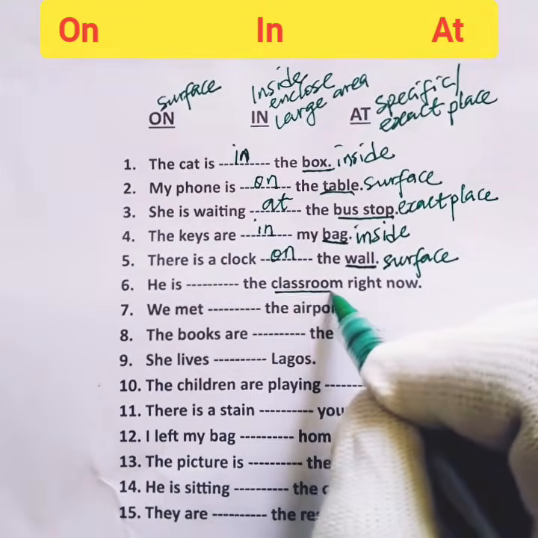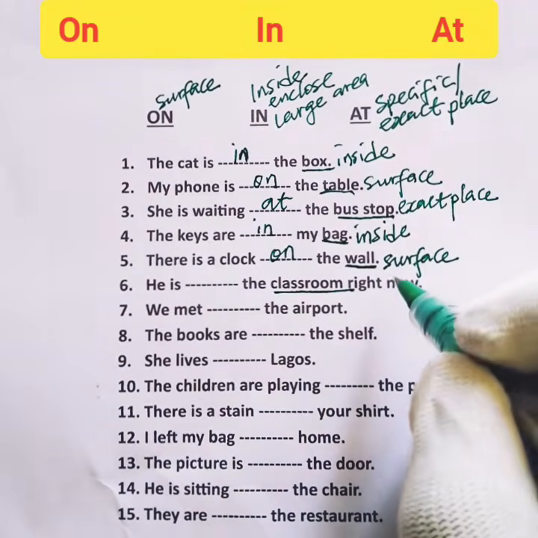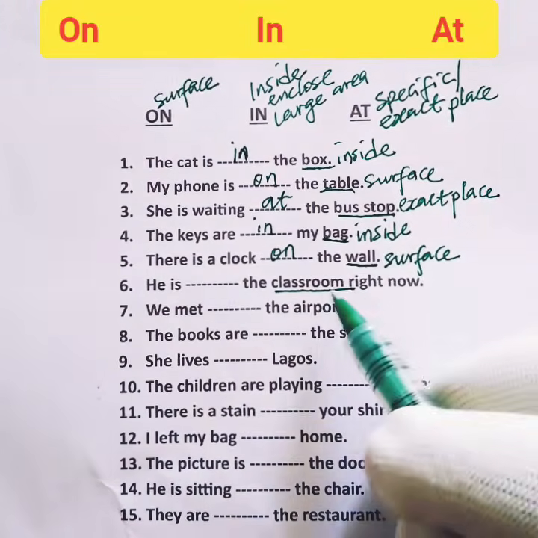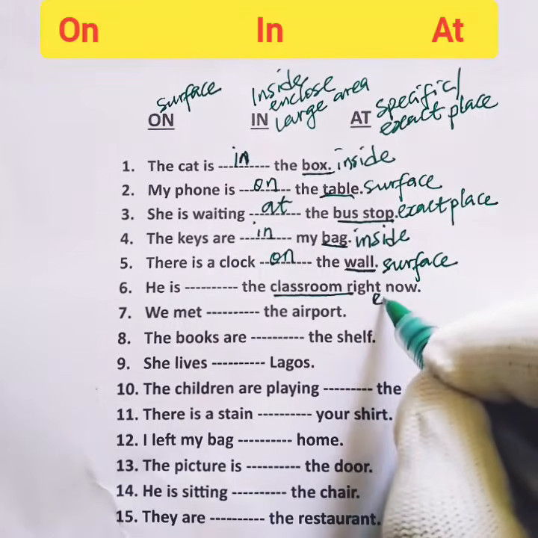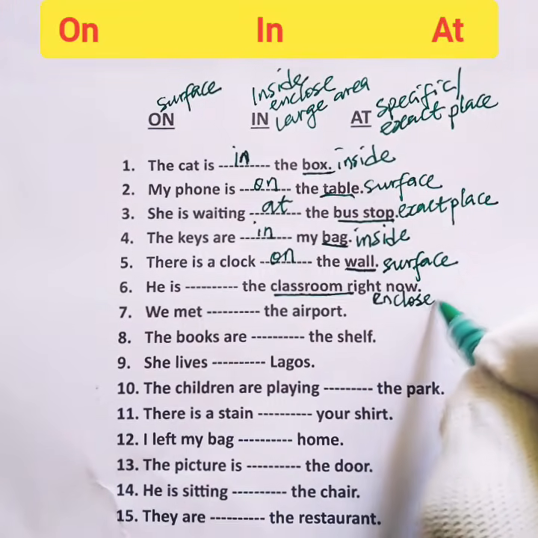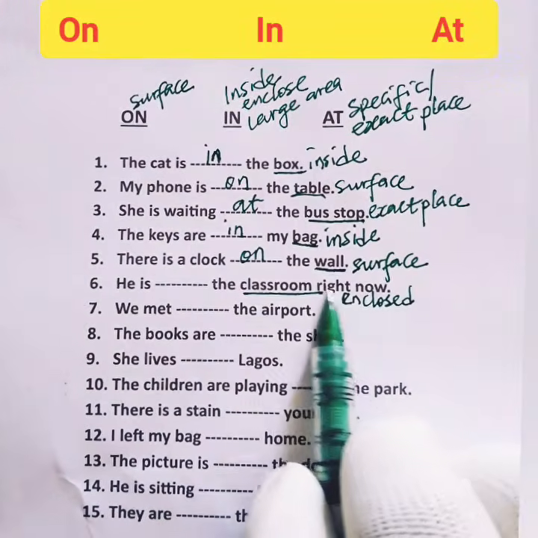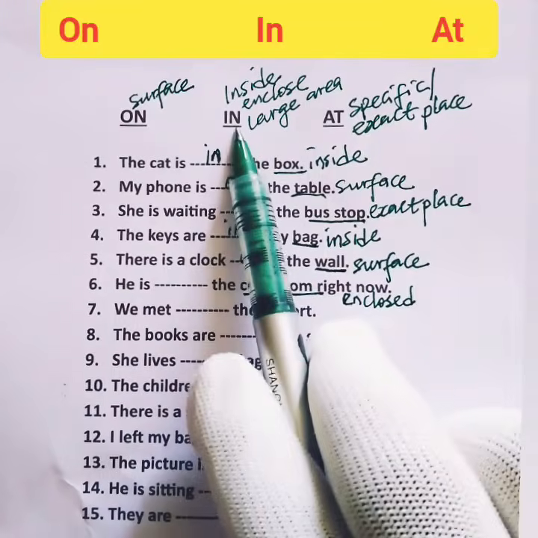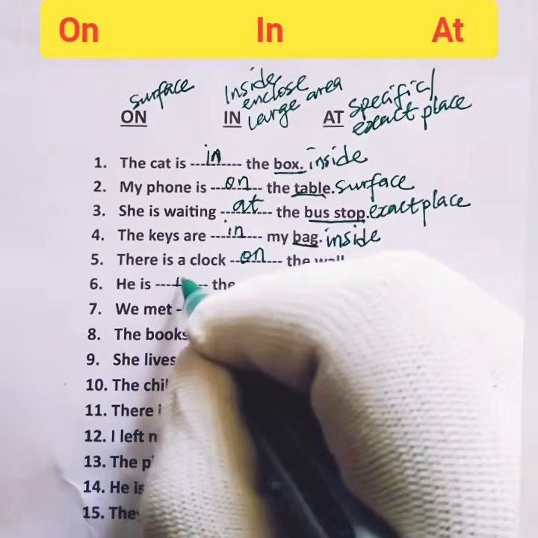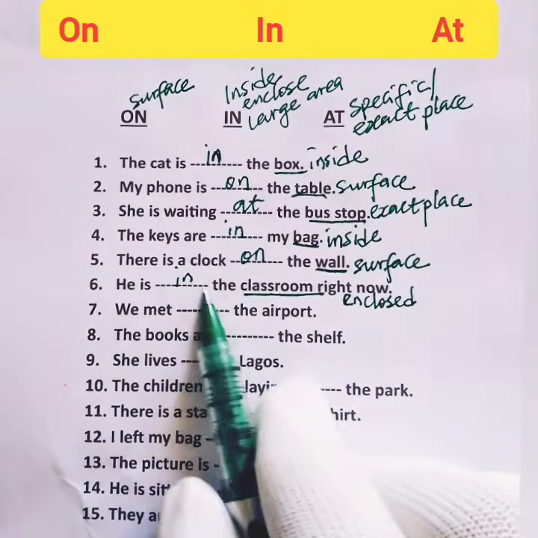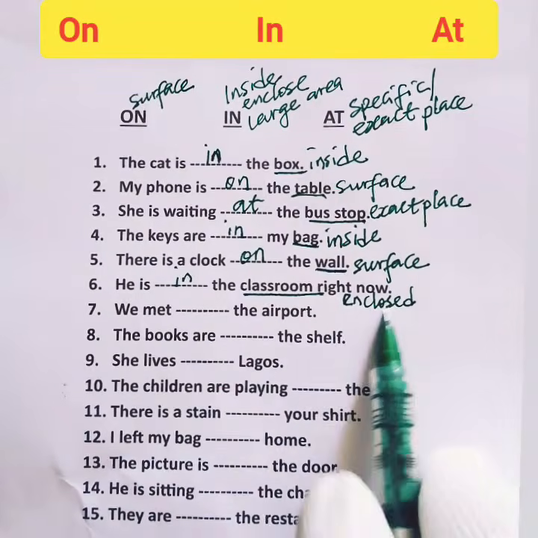Classroom is an enclosed area where someone can stay. An enclosed area. So for enclosed area, use in. He is in the classroom right now.